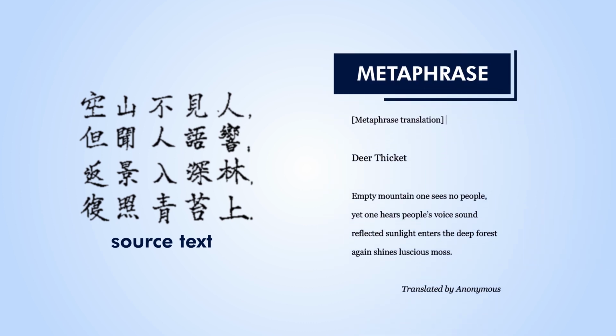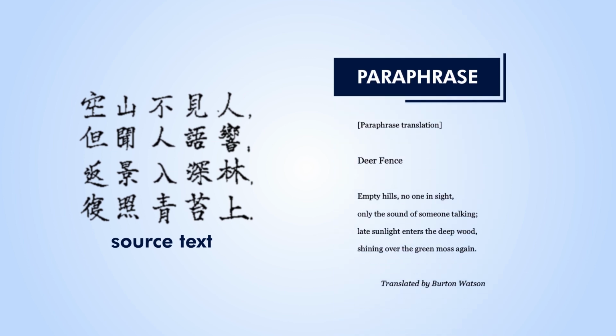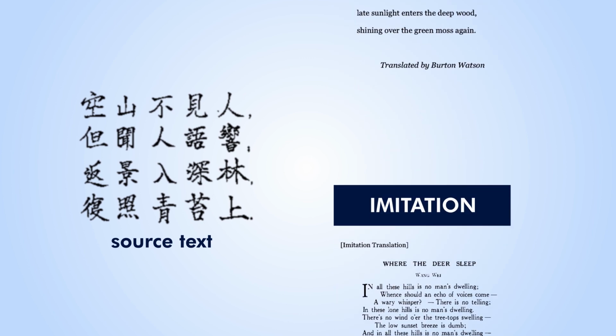Deer thicket. Empty mountain, one sees no people, yet one hears people's voice sound. Reflected sunlight enters the deep forest, again shines luscious moss. Deer fence. Empty hills, no one in sight, only the sound of someone talking. Late sunlight enters the deep wood, shining over the green moss again.